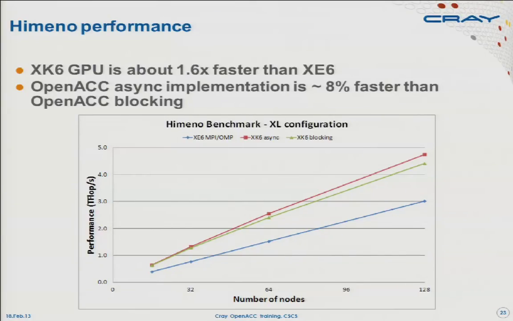But the GPU versions, one version where we didn't use the async clause and one version where we did, are node for node faster. So again, people say OpenACC for parallel codes running on GPUs will never scale, but it's scaling pretty well. Of course, there is more curvature on this line than there is there.